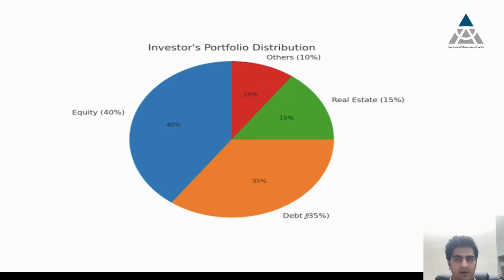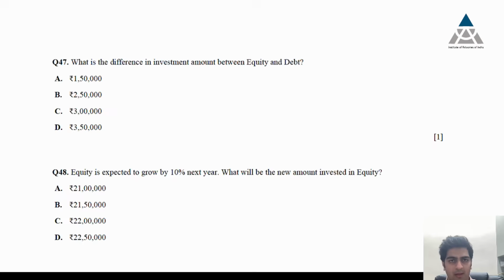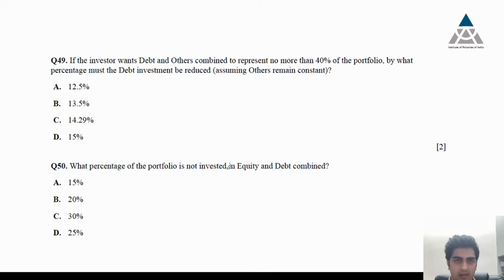Because your total amount of investment will be the same. You will remove 5% from debt and put it into equity or real estate. Others will be constant, correct? So you will simply remove 5% from debt. That's the main idea. So the question is, what percentage must the debt investment be reduced? Okay.